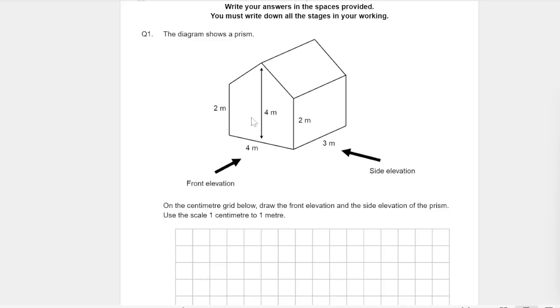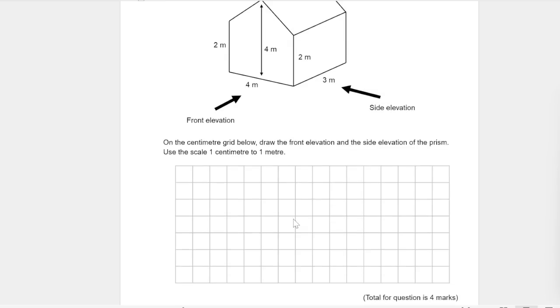Right, so the diagram shows a prism. So front elevation, side elevation. On the centimetre grid below, draw the front elevation and the side elevation of the prism. We're going to do the front elevation first of all. We've got a scale of 1 centimetre to 1 metre. So we've got 2 metres by 4 metres by 2 metres, and then a vertex 4 metres high, slap bang in the middle.